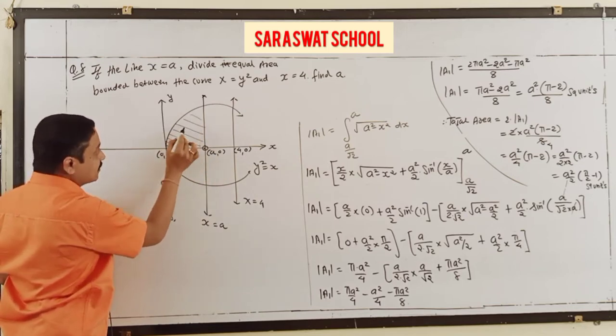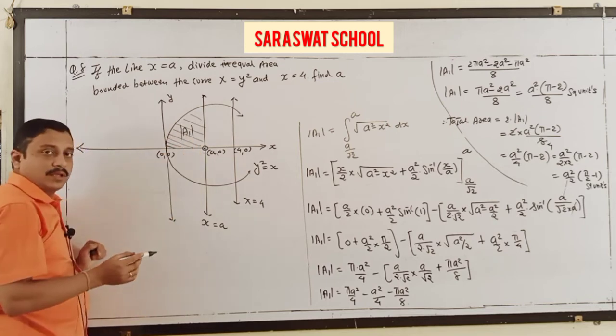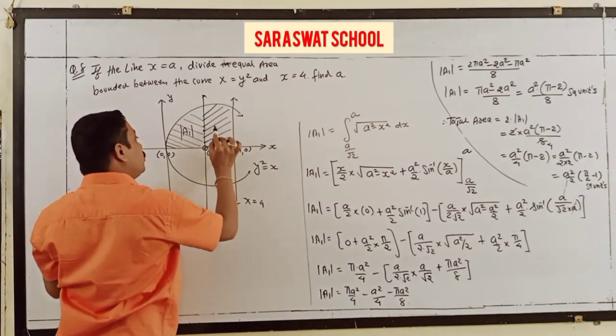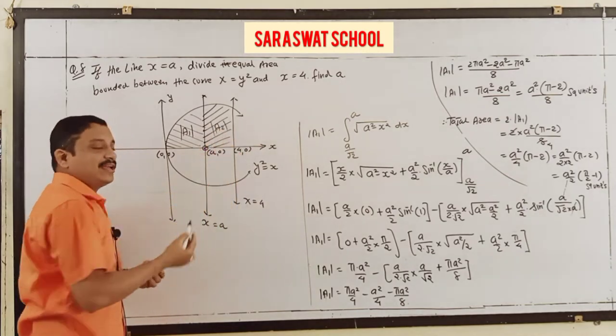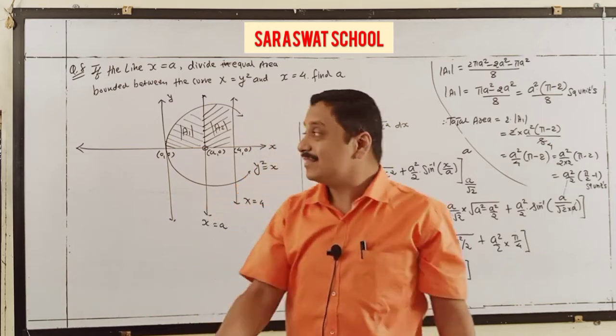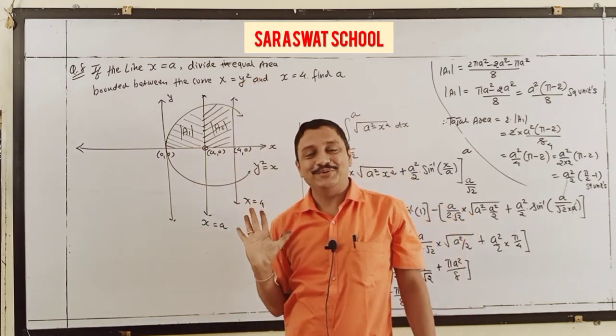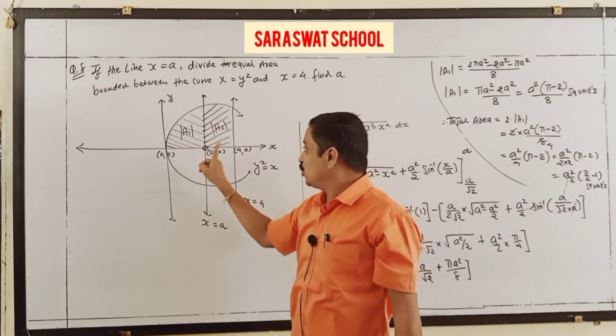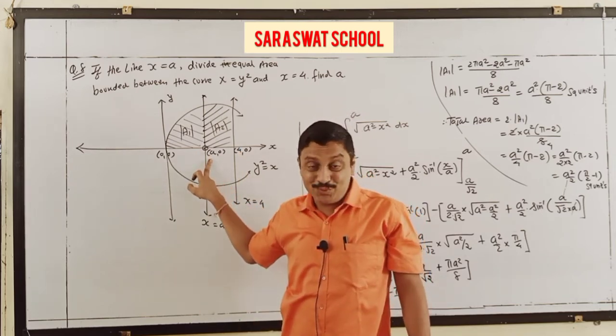This area I consider A1, and this area I consider A2, but both areas are equal, divided by the line x is equal to a itself, and we find a. Can you guess the middle point of 0 to 4? A is 2?